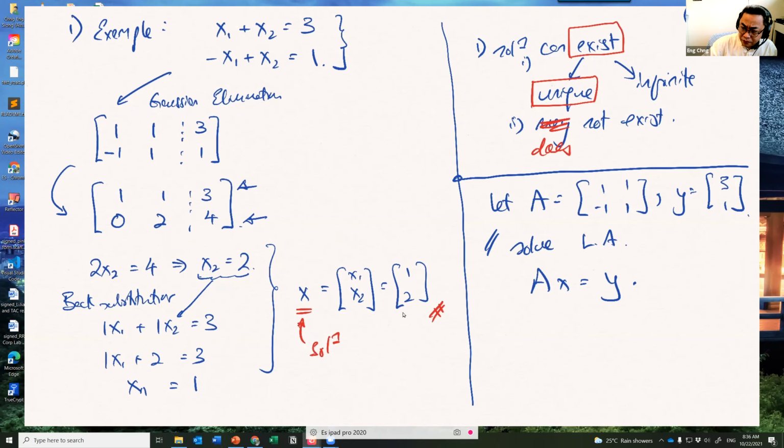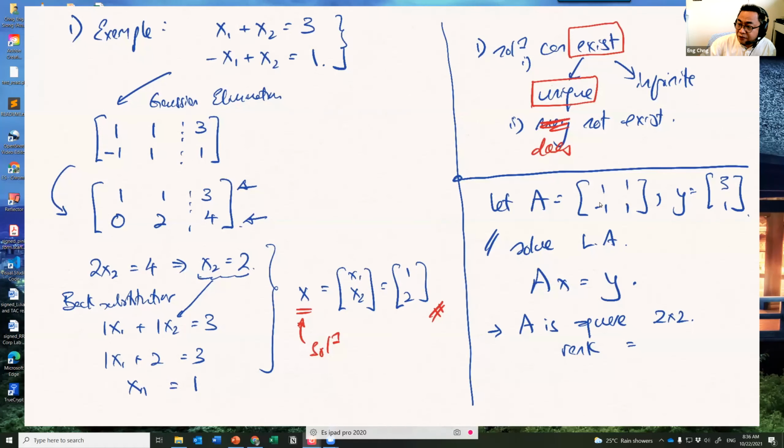So in this particular case, A is square, because it is a 2 by 2 matrix, and it has a rank, so you need to understand this terminology. What is the rank of A? And the rank of A, remember in previous lectures, we say it is the number of independent columns or rows.